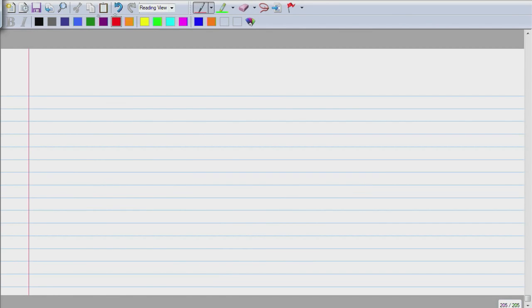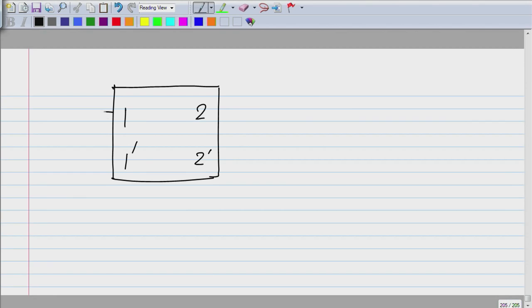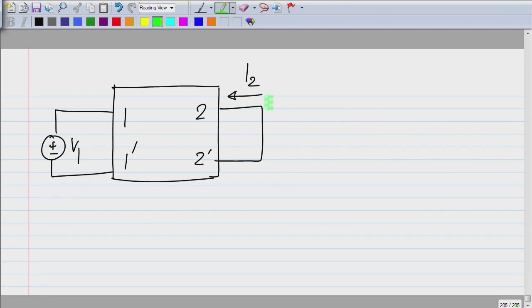So, what is Y21? I apply V1 to port 1 and I short circuit port 2 and I measure the current through the short circuit. That is the current in port 2 and in this direction going into this terminal 2.